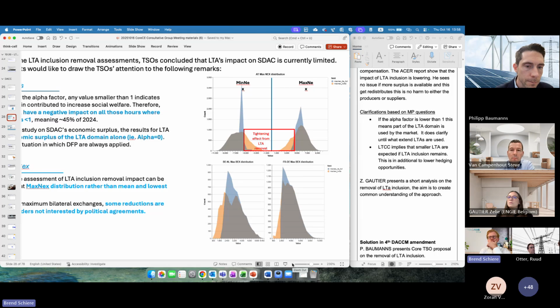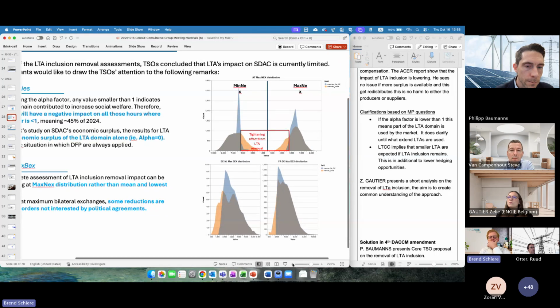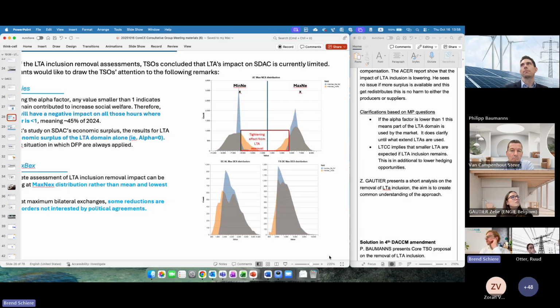Now, this study was conducted on the current situation, so taking the 2024 domain and including or not including the LTA domain. We also understood that this needs to be assessed in the context of 70% MIRAM.